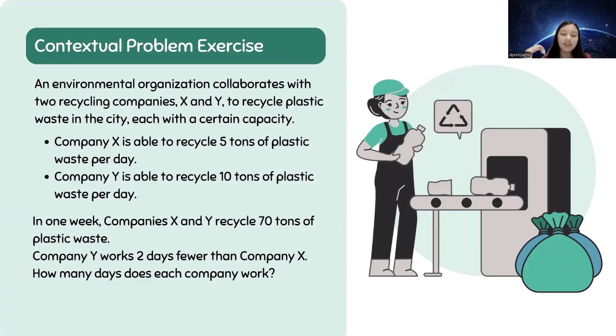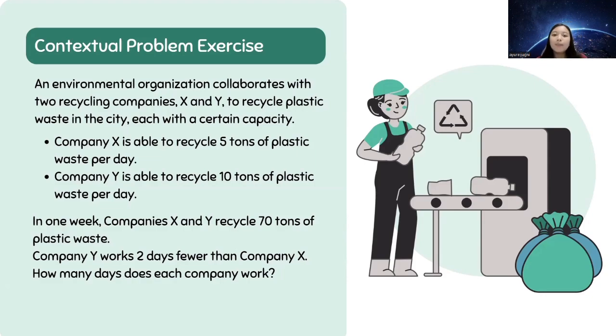Together, they recycle 70 tons of waste in 1 week, and company Y works 2 days fewer than company X. The question is, how many days does each company work?